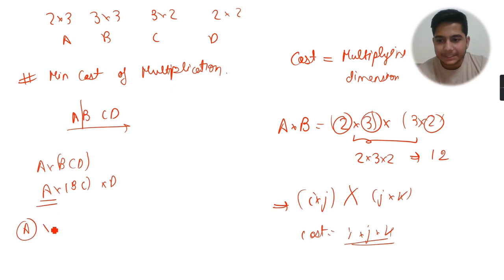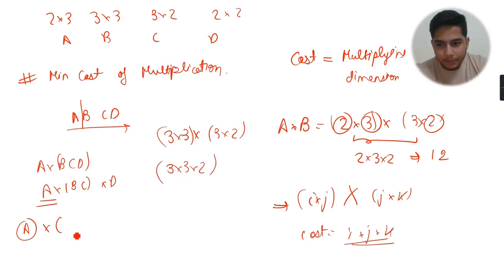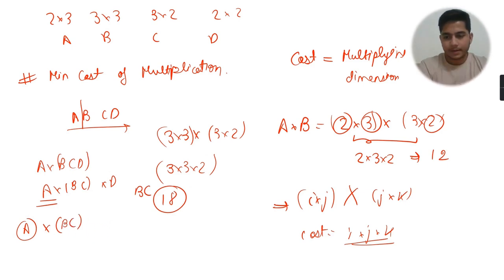For the cost of BCD, what will be the cost of BC? 3 into 3 into 3 into 2. So it will be 3 into 3 into 2, that is 9, 9 into 2 is 18. So the inside cost for BC is 18, right?